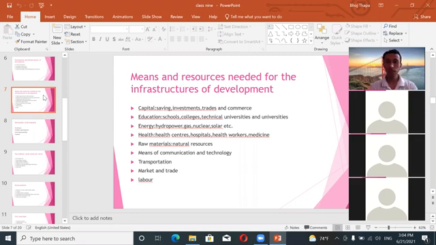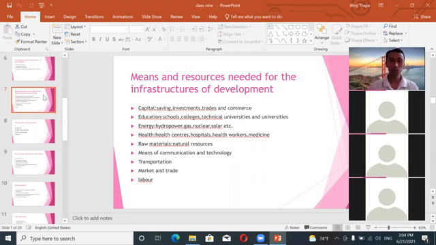So for development, we need first human resources, then natural resources, then financial resources. Human resources are also of three types: skilled, semi-skilled, and unskilled. You will read this in grade 10.